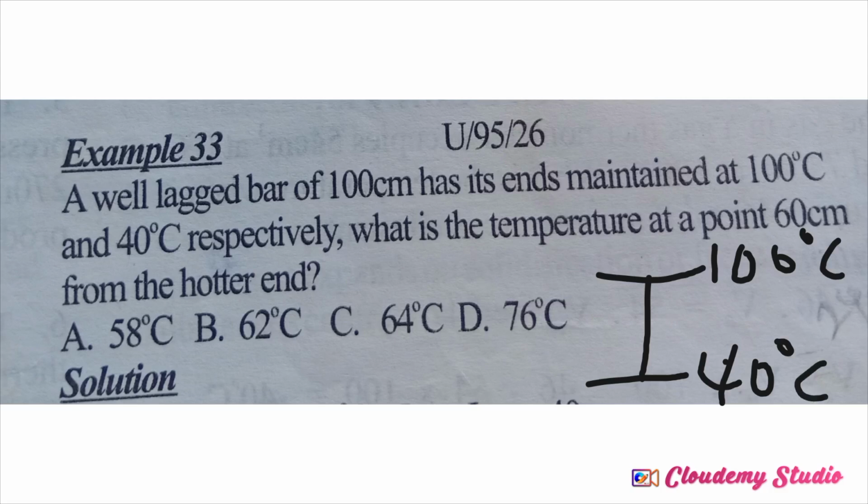Please listen to me carefully, it's very very easy. Find the temperature at a point 50 centimeters from the outer end. They said the bar is 100 centimeters. So look at what they did: they are not even using the length in the form of another scale.